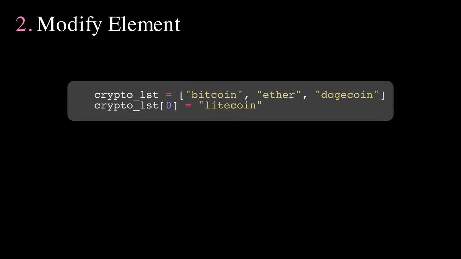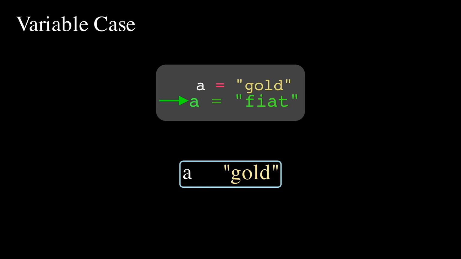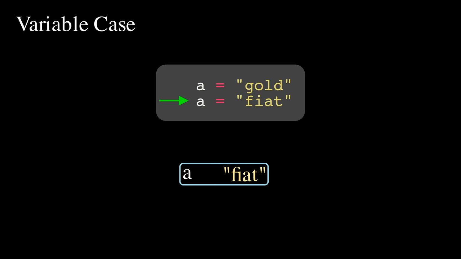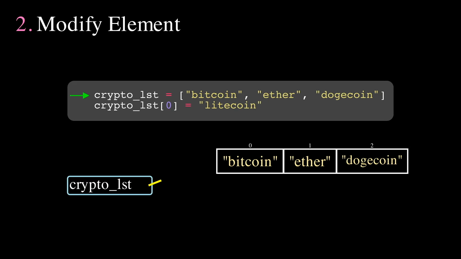The action of modifying a particular element feels almost identical to modifying a variable. We can modify any variable simply by reassigning it to something else. In the element case, we just reassign the list index to something else. The first element of crypto list is Bitcoin, and I want to change the first element to Litecoin.